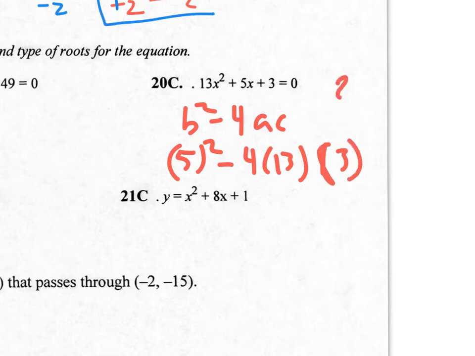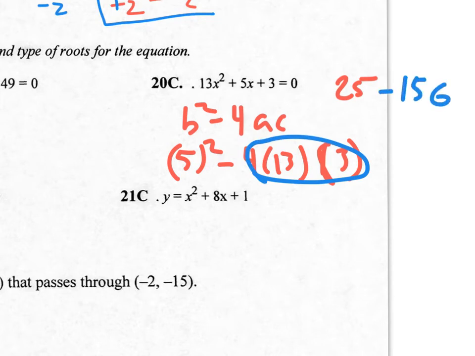So 5 squared is 25, and 4 times 13 is 52. And 52 times 3 is 156. So this right here ends up being 156. And when you take away 25, take away 156, you end up with negative 131. So this is my discriminant value.